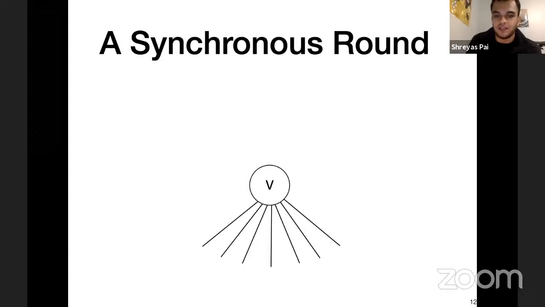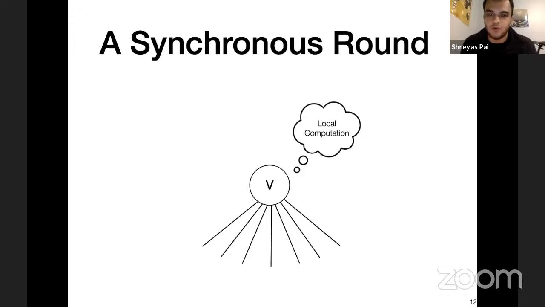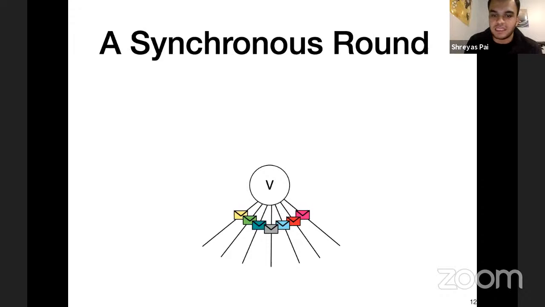So you can basically define the model from the perspective of a single node. A single node in a synchronous round will receive messages, perform some local computation, and send messages to all of its neighbors in the communication network. And this basically defines the behavior of a node in a particular round.